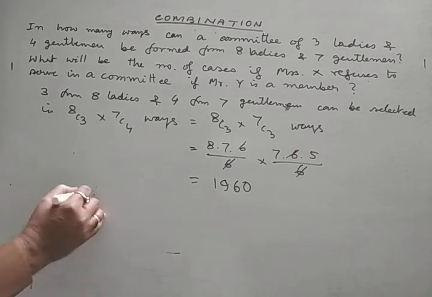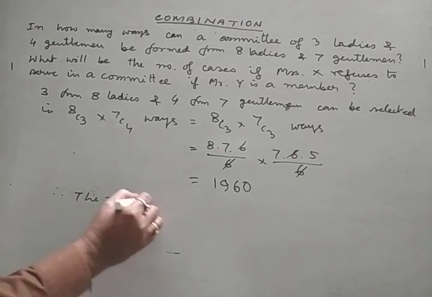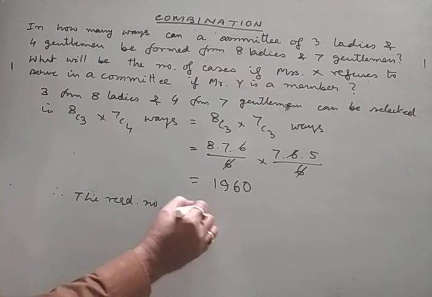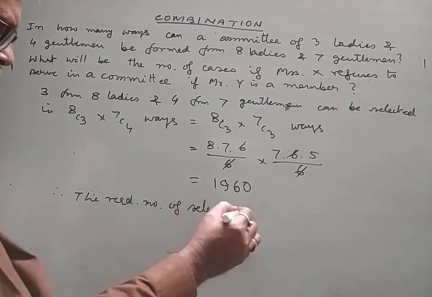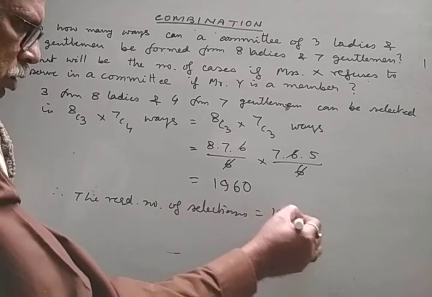Therefore, the required number of selections is equal to 1960.